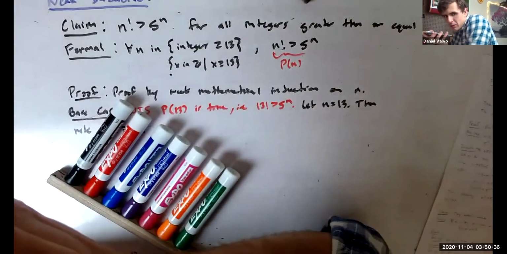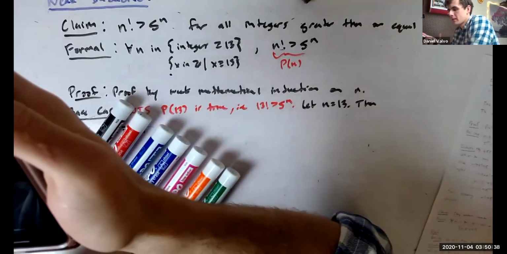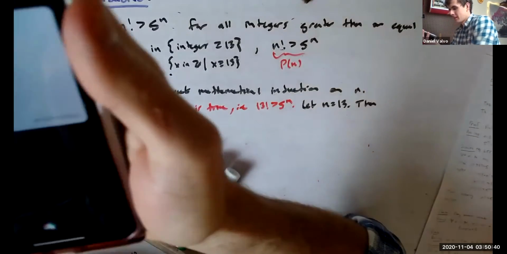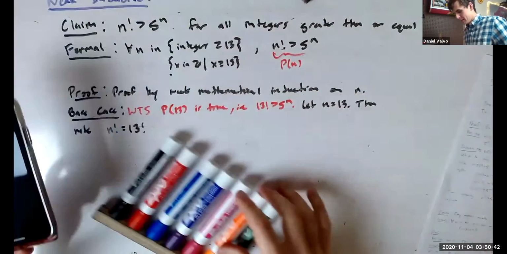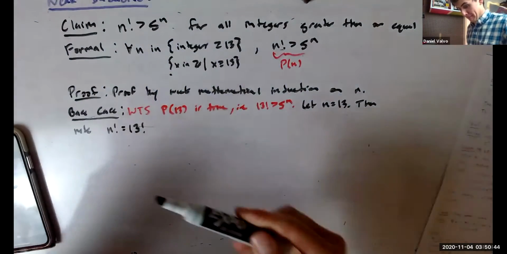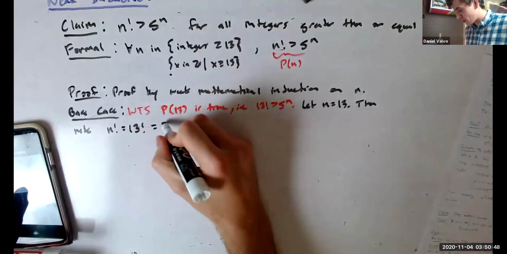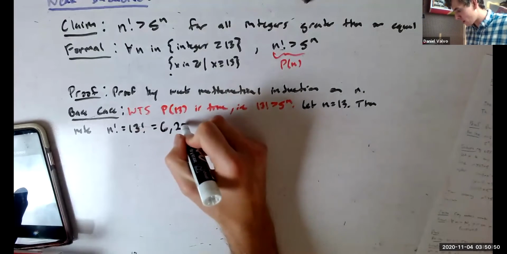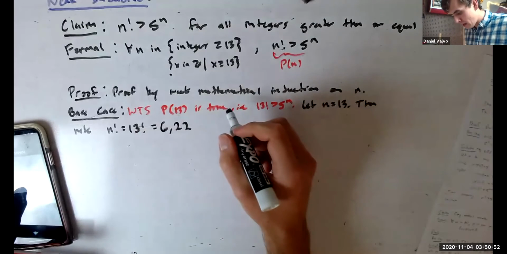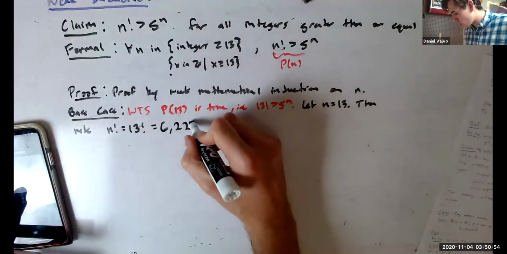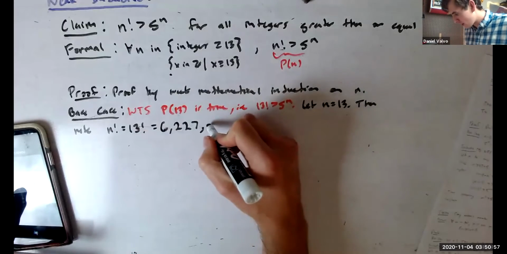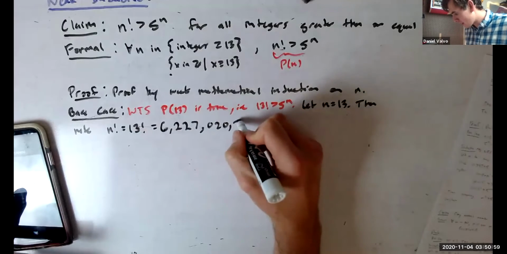Siri, what's 13 factorial? 13 factorial is 6,227,020,800. Look at that. Thank you very much, Siri. So according to Siri, 13 factorial is 6,227,020,800.